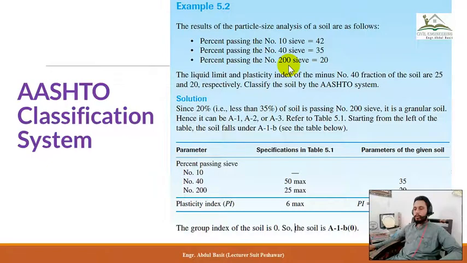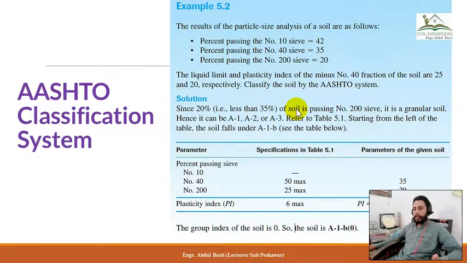Percentage passing through number 200 sieve is 20. The liquid limit and plasticity index of the minus 40 fraction of the soil are 25 and 20 respectively. Classify the soil in the AASHTO classification system.